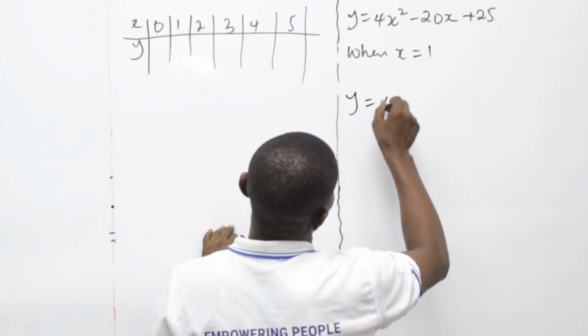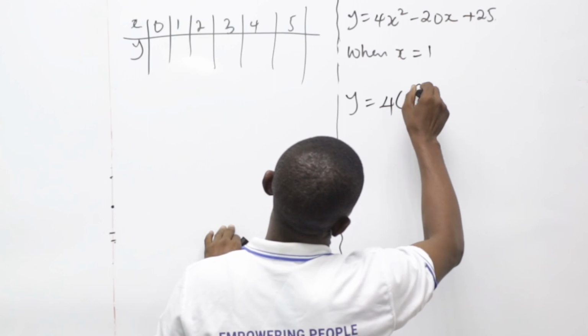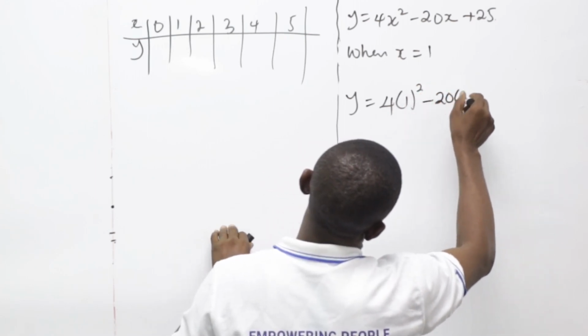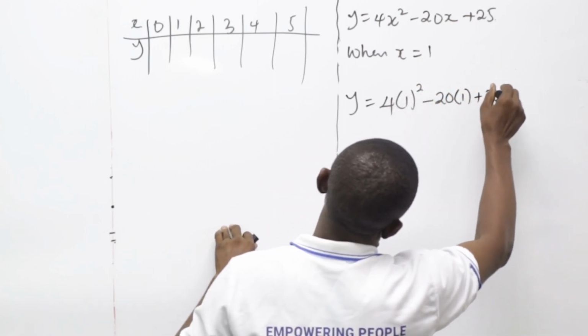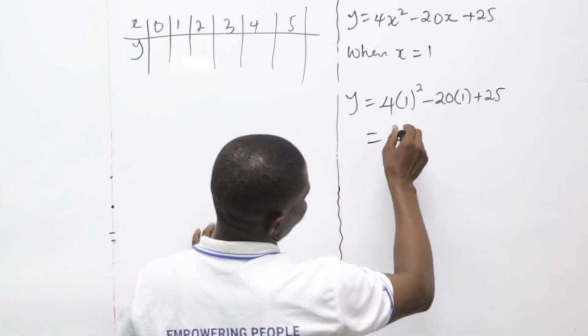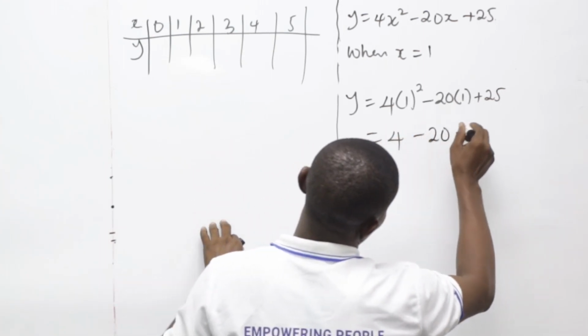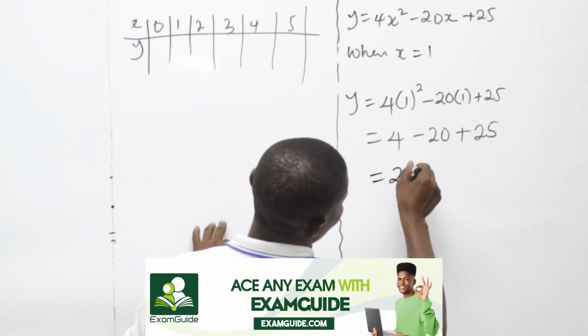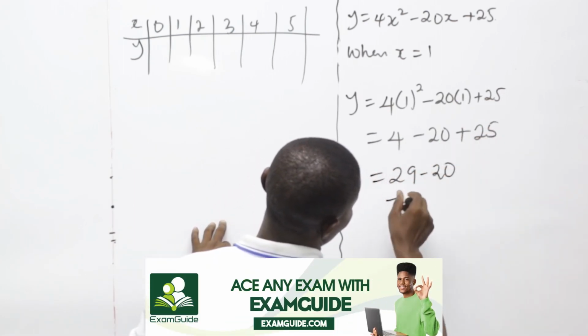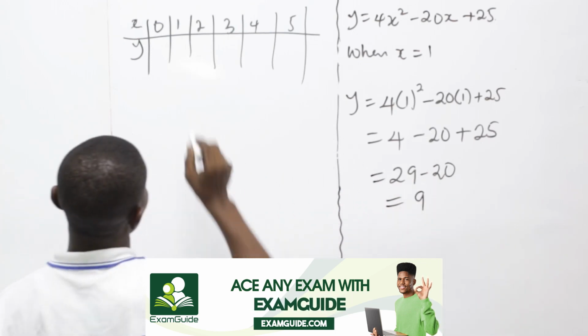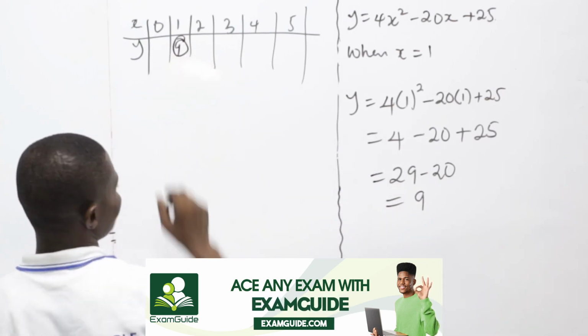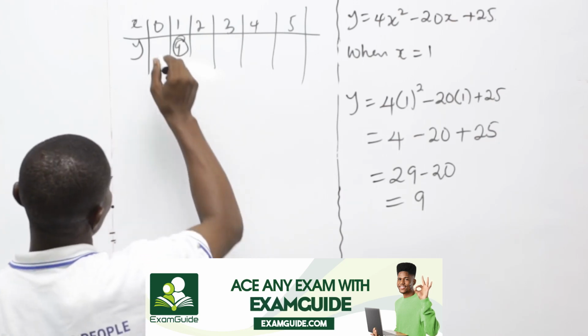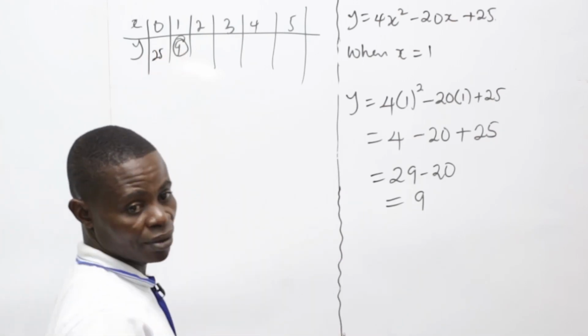Y equals 4 into 1 squared minus 20 into 1 plus 25. This will give us 4 minus 20 plus 25. This plus this, 29 minus 20 equals what? 9. Then you write, circle it. The other one was 25, is their own.